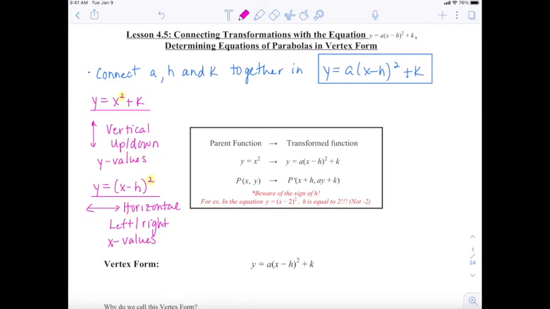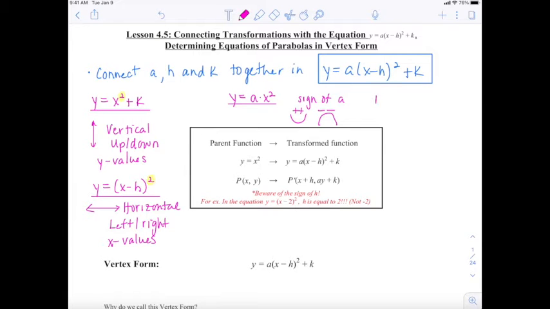We also looked at y equals a times x squared. And we said our a value actually has two different meanings. The sign of a tells us whether the parabola is facing up or facing down.